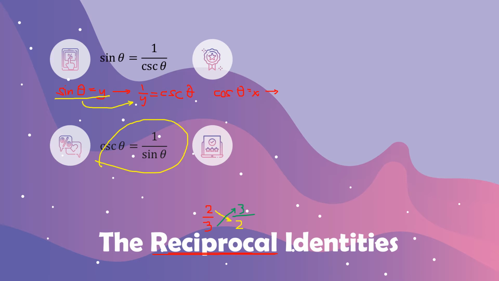Usual lang yan, paulit-ulit lang. Ang reciprocal ni x ay si 1 over x, which is actually secant. Pag sinubstitute natin yung x dito, we end up with secant theta equals 1 over cosine. So, ang next pair natin, si cosine at si secant. So, yun yung reciprocal identities natin.